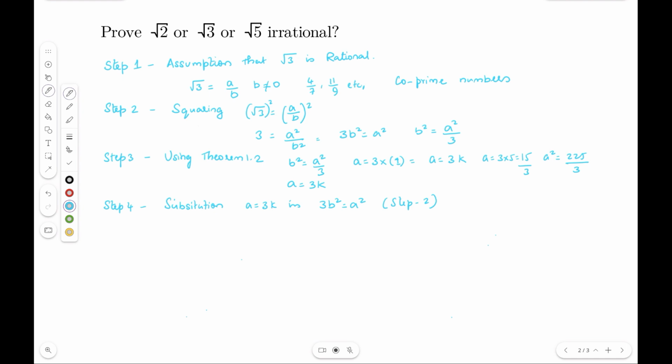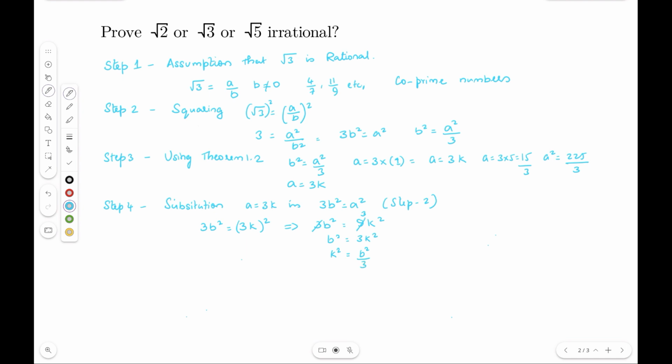So this will become 3b square is equal to 3k the whole square. That implies 3b square is equal to 9k square. So b square will be equal to 3k square, or k square is equal to b square by 3.